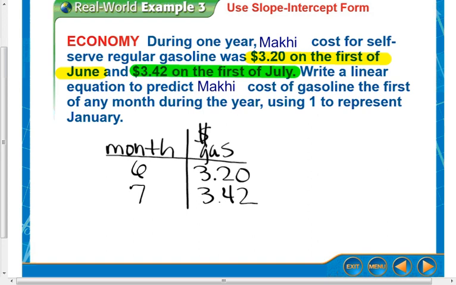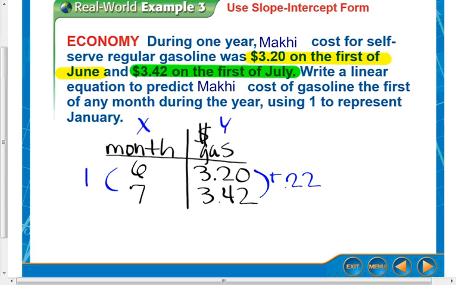Now, you can, of course, plug it into your equation. You could plug it into the calculator, or you could just look at how much is increasing by, right? Look at this. How much is that increasing by? 22 cents increasing, right? And this is increasing by 1. Okay, we're going to assume this is x and this is y.